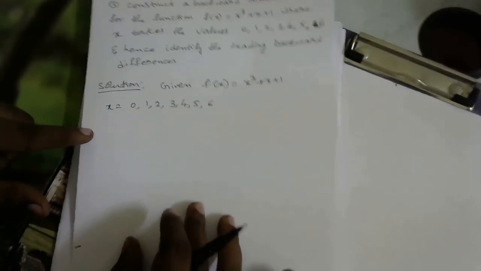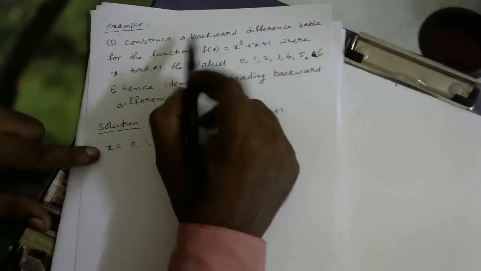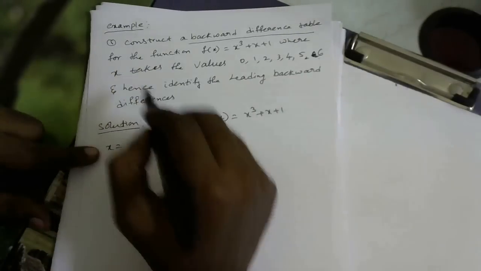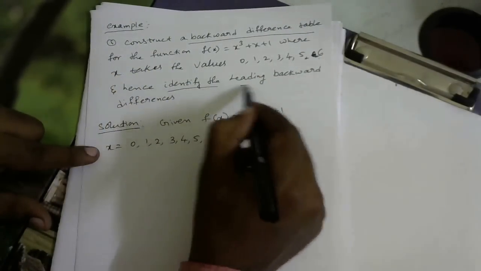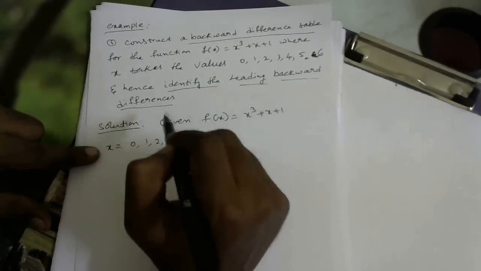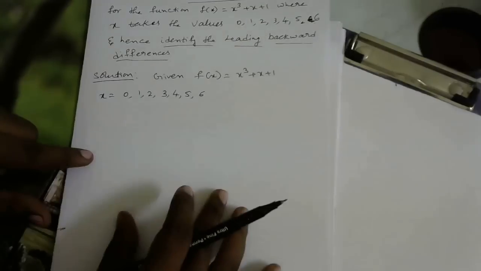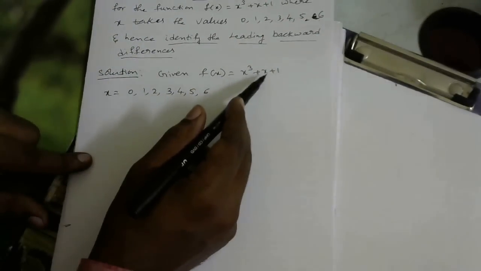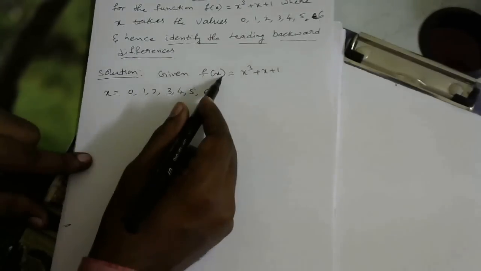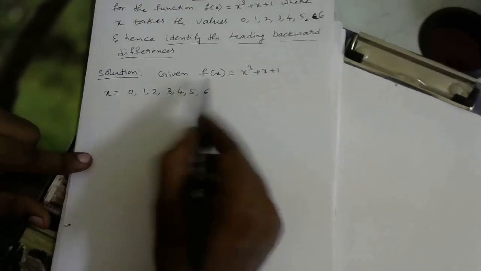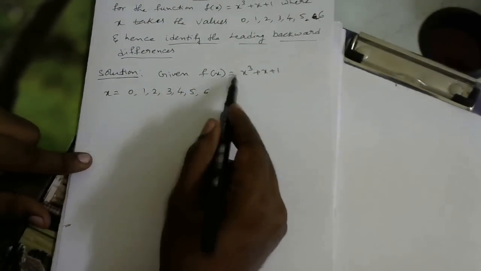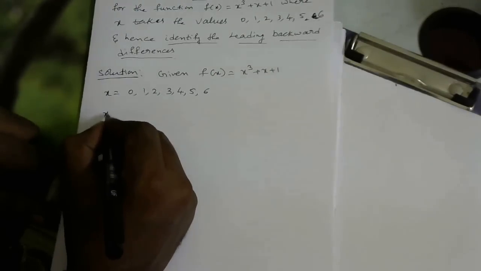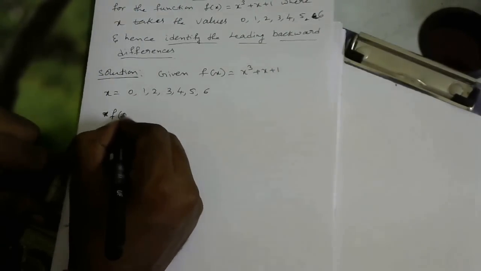First you have to construct the backward difference table. Afterwards you have to identify the leading backward differences. So here, what is f of x? They give f of x equals x cube plus x plus 1. So put x equal to 0 and find the answer, then x equal to 1, and 2, 3, 4. So continue that.